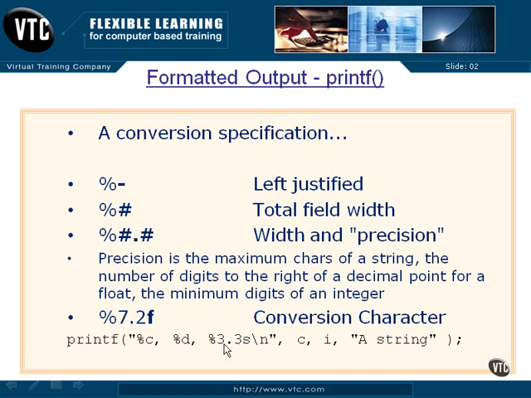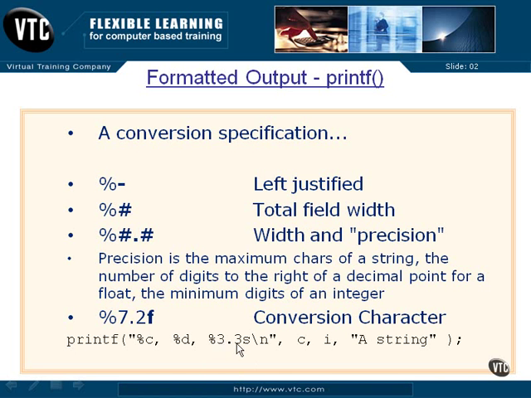So if you made this, say, 10.3, you'd have a field 10 characters wide, and the last 3 of them would be the first 3 characters of the string that was passed in. If you did a %-10.3s, that would give you a field 10 characters wide using the first 3 characters of a string, but it would shove them over to the left side. They would be left justified because of the dash.